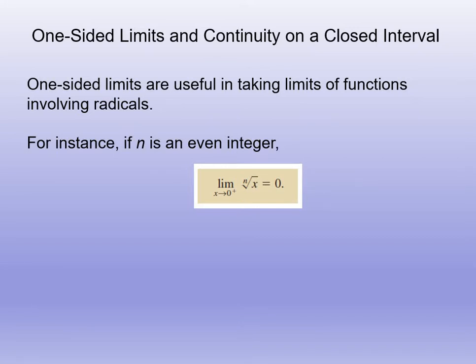Let's take a look at this function here. We're looking at the limit of the nth root of x as x approaches 0 from the right. Why would we not want to approach 0 from the left here?